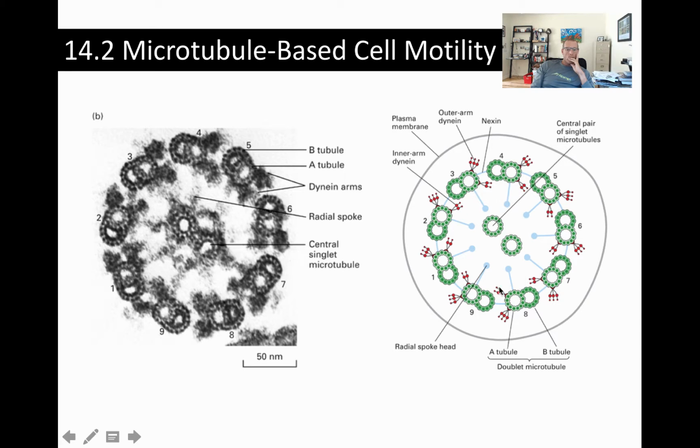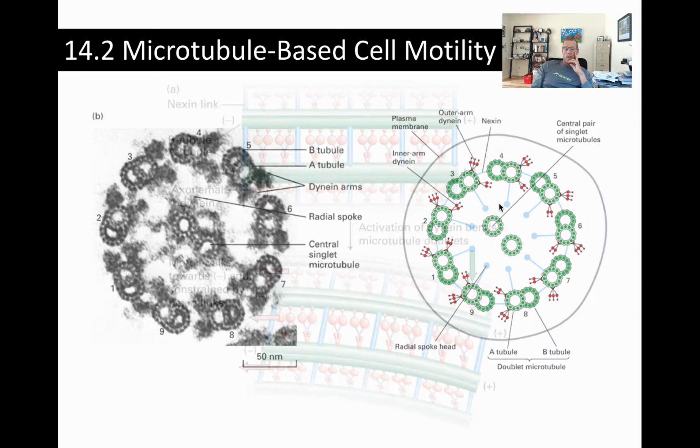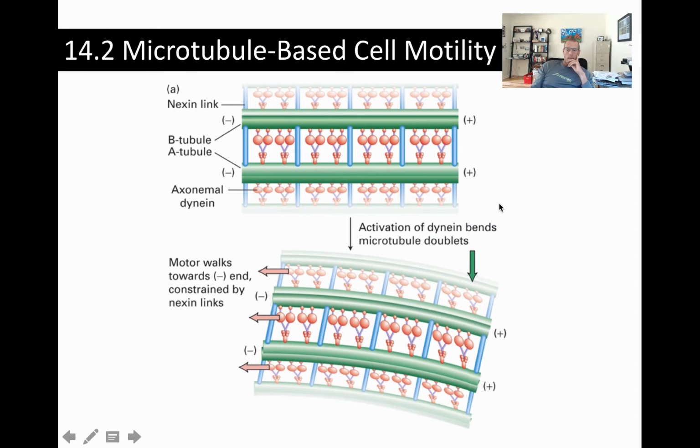And then we've got these radial inner spokes, radiating in towards the central pair of microtubules, and they are largely responsible for the force generation. The dynein generates the flexion, and then the force of the bending is produced by these radial spokes. So let's take a look at the mechanism for the bending here.